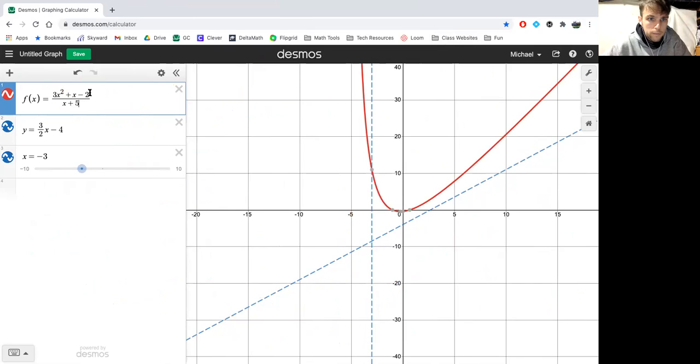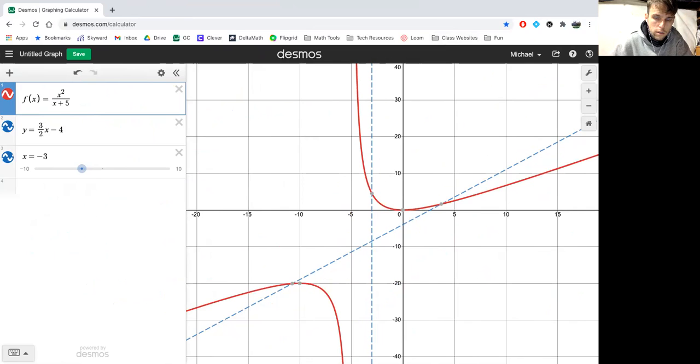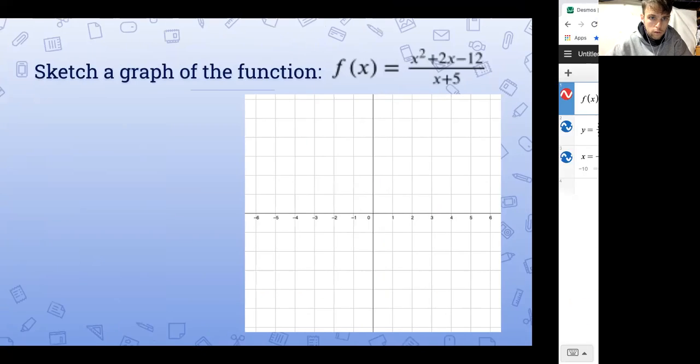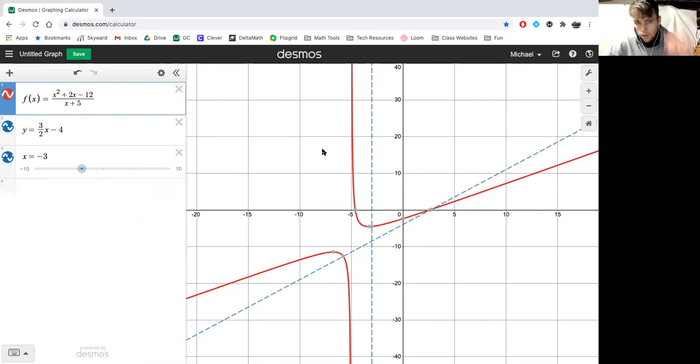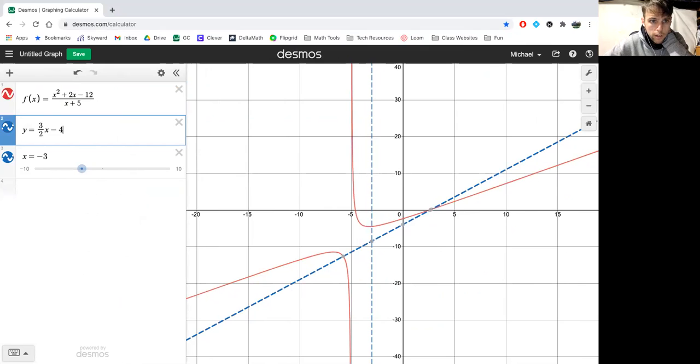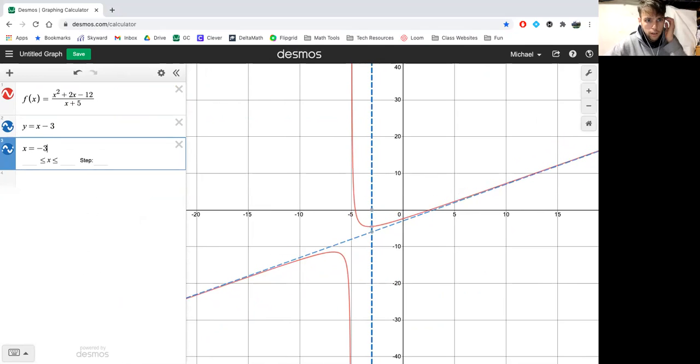Numerator was x squared plus 2x minus 12. All right, and we said we had a slanted asymptote at x minus 3. That seems to check out, and a vertical asymptote x equals -5. All right, that does seem to check out.